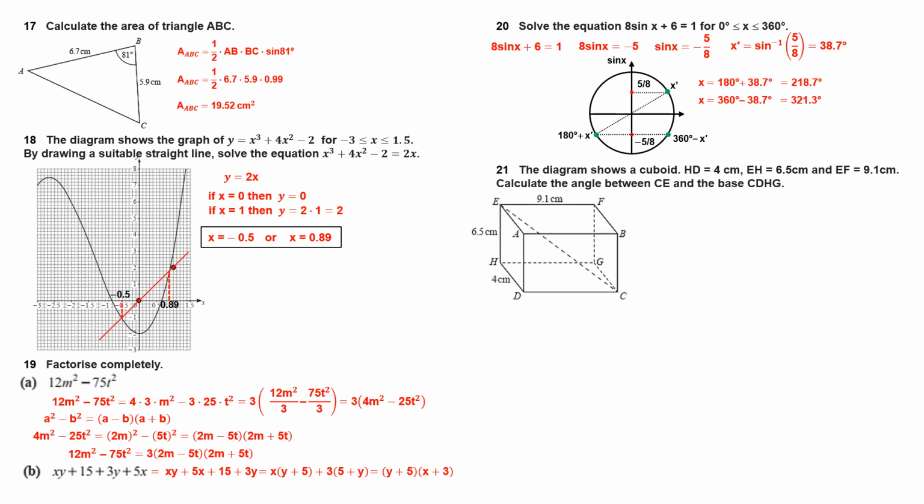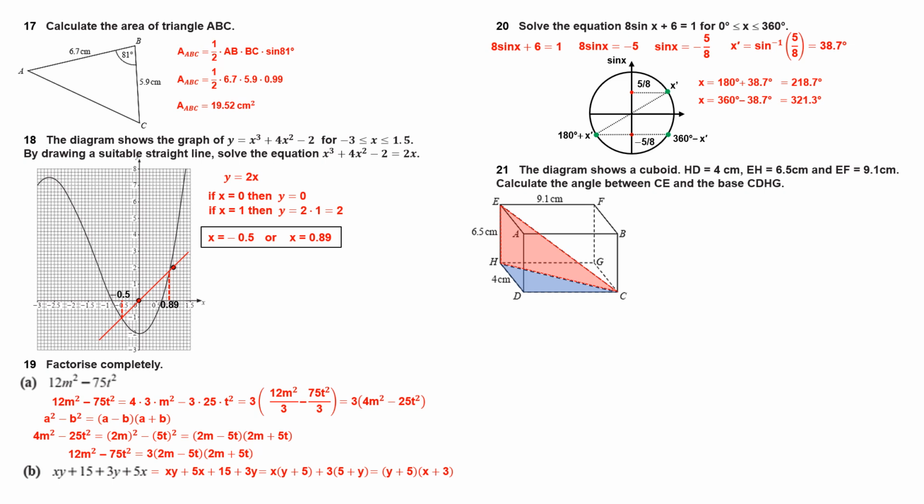To solve this exercise, create a right triangle with vertices C, E and H on the base CDHG. In this triangle, the segment EC is the hypotenuse, while the segment HC represents the length of the diagonal of the rectangle CDHG. Note that the diagonal HC is also the hypotenuse in the right triangle HDC.